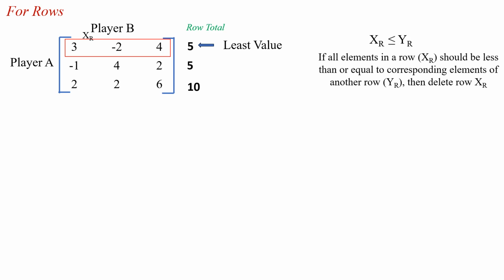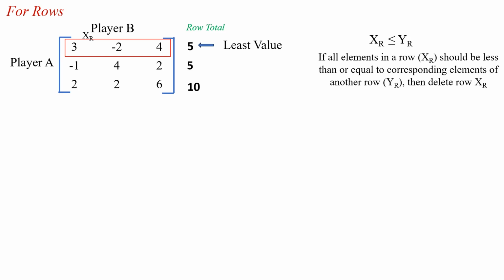Then we check the condition: XR is less than or equal to YR. Here XR is the first row and the third row is YR. We compare all the elements of the XR row to see if they are less than or equal to the YR elements.